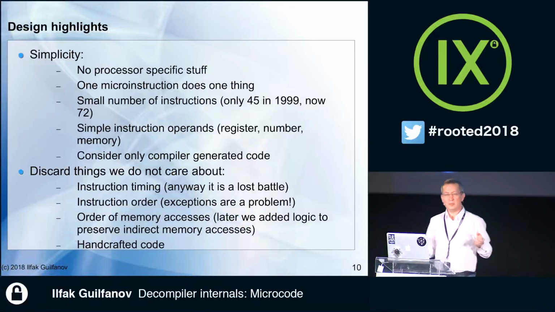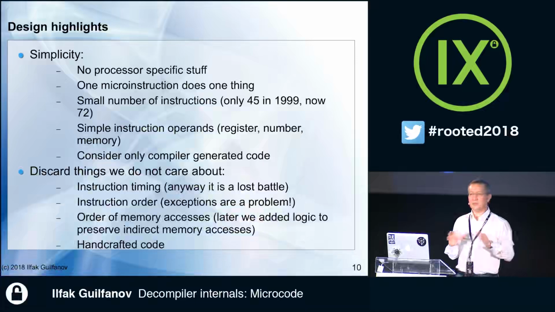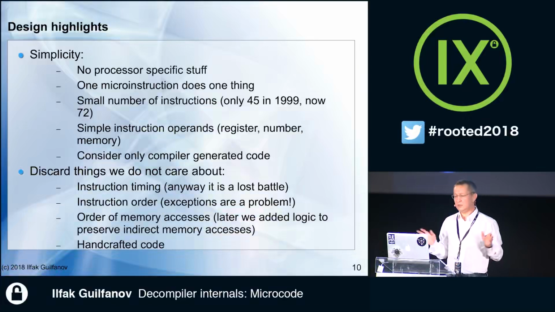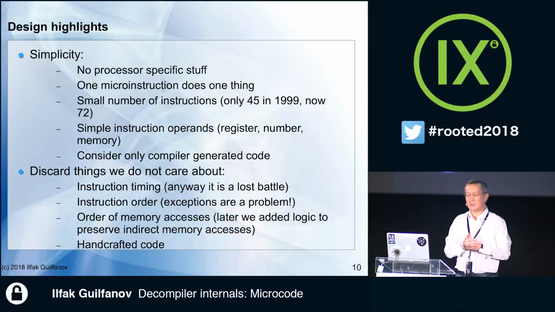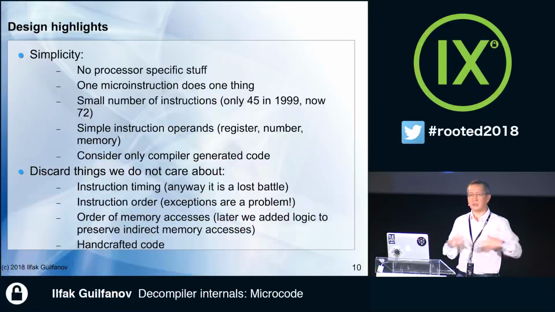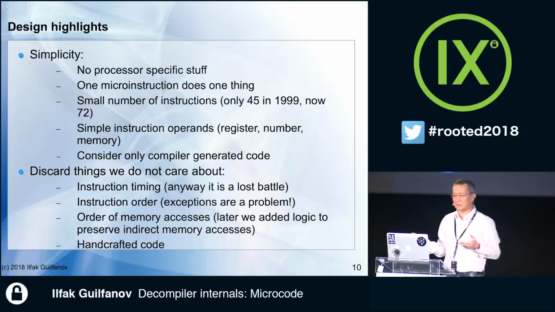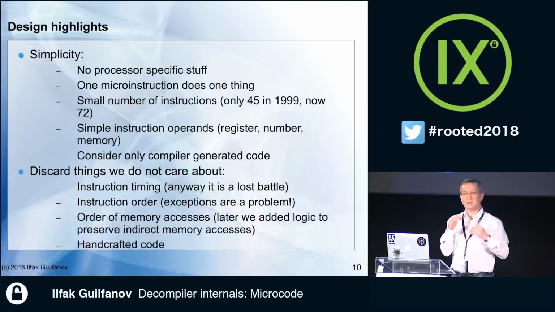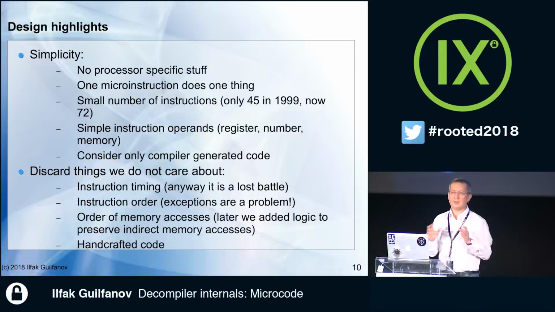The second thing is that we have to give up immediately on some fronts. For example, we don't care about the instruction timing. Anyway, it's impossible, because we will optimize things, we will remove some instructions, and the timings will be completely wrong. The instruction order: we take the liberty of shuffling the instructions, provided that the outcome is the same.